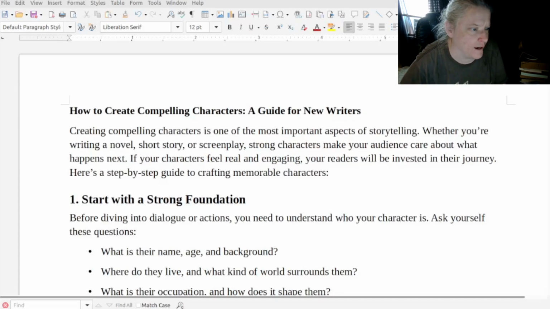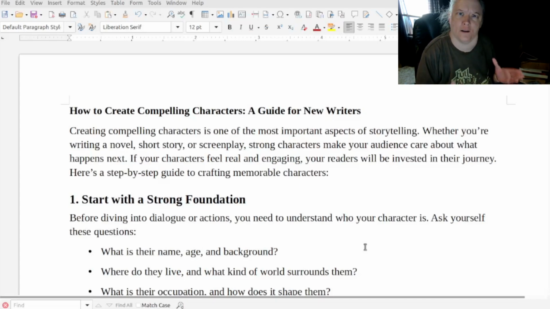So, creating compelling characters is one of the most important aspects of storytelling. Whether you're writing a novel, a short story, or a screenplay, strong characters make your audience care about what happens next. If your characters feel real and engaging, your readers will be invested in their journey. So, this is going to be a step by step guide to crafting memorable characters.